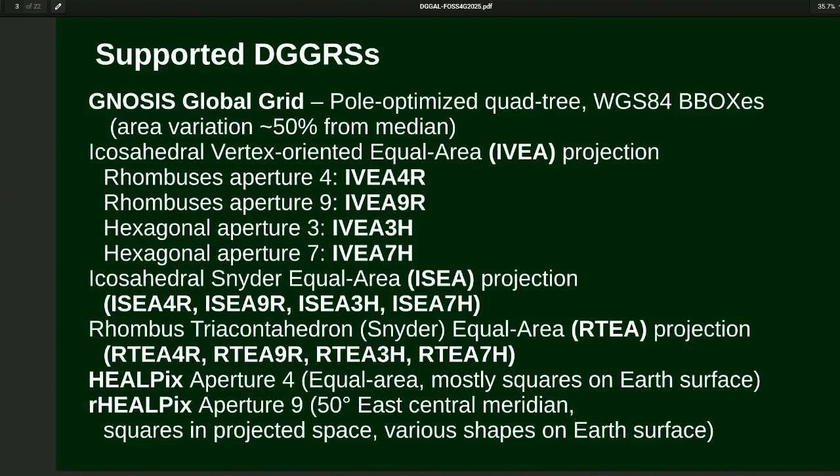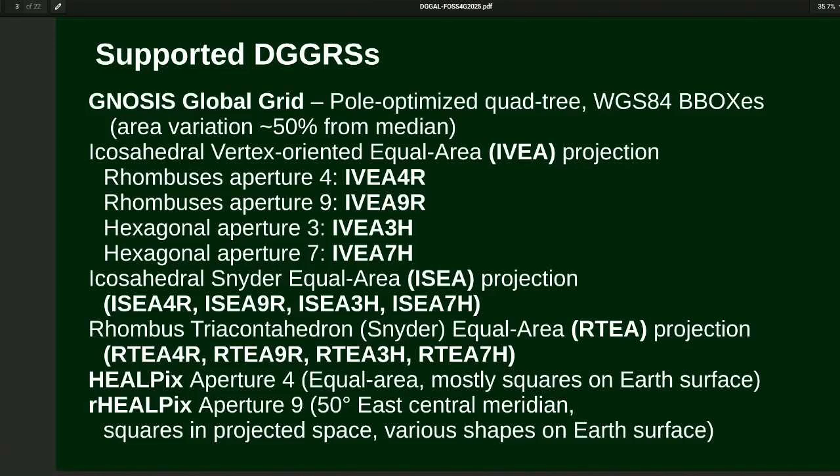So we have three choices of these icosahedral equal area projections. One is IVEA, which is this one, which yields the best result in terms of compact zones, so zones that best approximate the circle. Then we have ISEA, which is the classic Snyder applied to the icosahedron. And then we have the Rhombic Triacontahedron version.